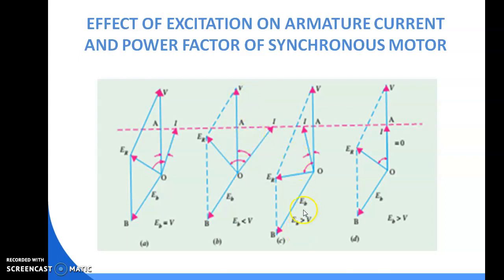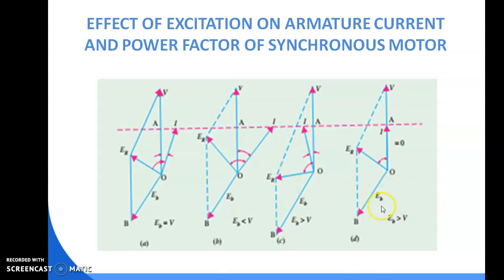Now what happens in the third figure? This is the condition for EB greater than V. This is the condition for leading armature current. So, here the armature current will lead the supply voltage by the phase angle phi, and also the position of IR will change. Accordingly, EB will also change.